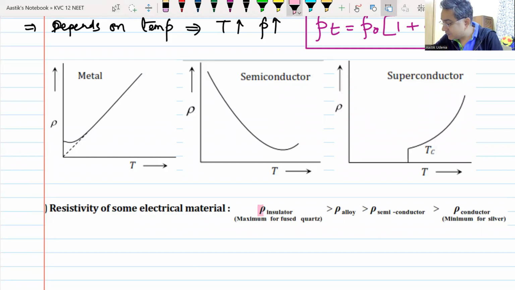Remember, resistivity of an insulator is very high, followed by the alloy, followed by the semiconductor, followed by the resistivity of a conductor. Remember, resistivity of a conductor is very small, because they are conductors, therefore they are supposed to conduct, and therefore their resistivity is very small. I hope you understand this. Yes or no? Yes.